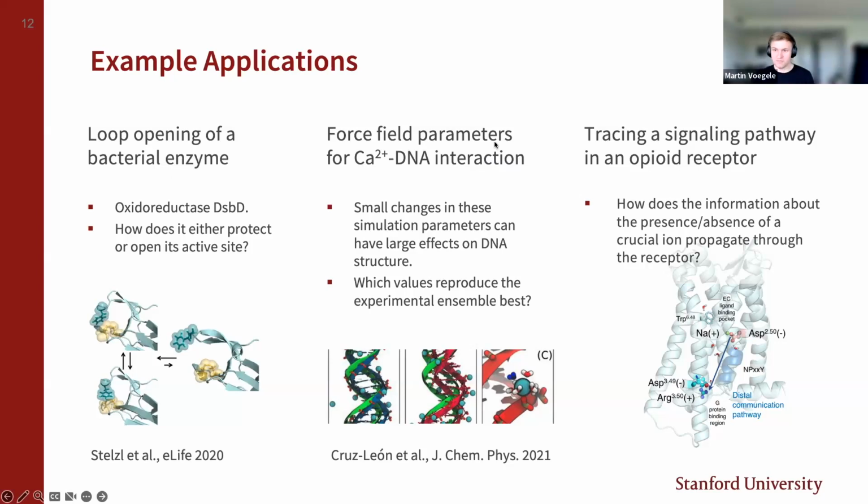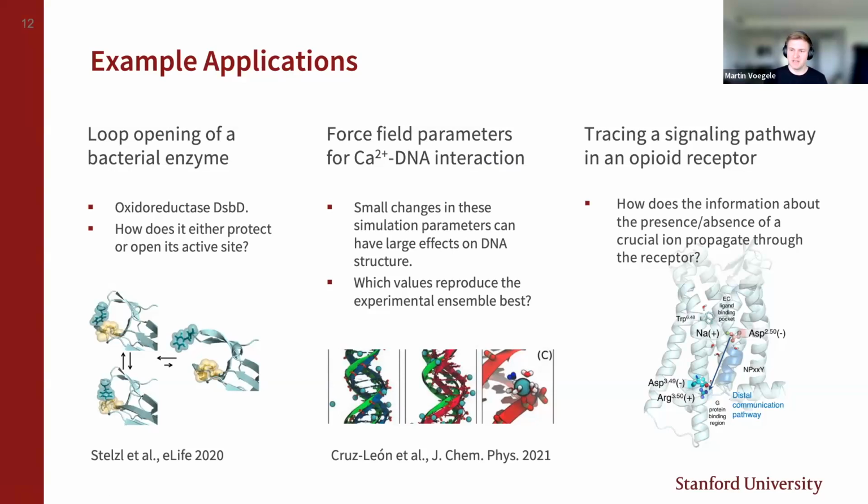Another one is force field parameters. The parameters at the beginning that I showed you are constantly being updated and improved. For example, for calcium DNA interactions, that has been a long-standing problem, and I will look at how we could have used PENSA to improve these force field parameters. Also, I'm going to show how we trace the signaling pathway through an opioid receptor.